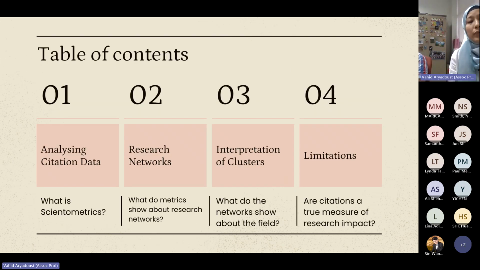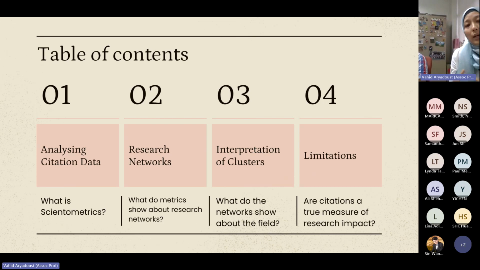So this is an overview of what we'll be talking about. We're going through how citation data can be analyzed using scientometrics and what it actually is, and how the research networks may be formed and evaluated. In the second section, we'll be going through what kind of metrics are produced about these networks and what they show about the research networks.